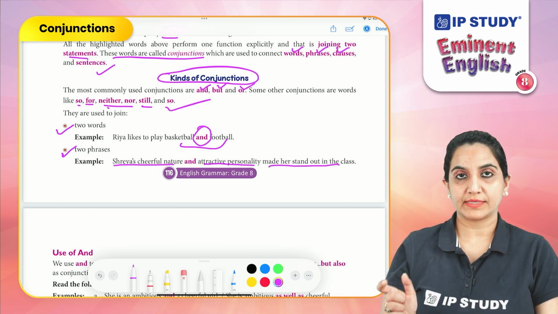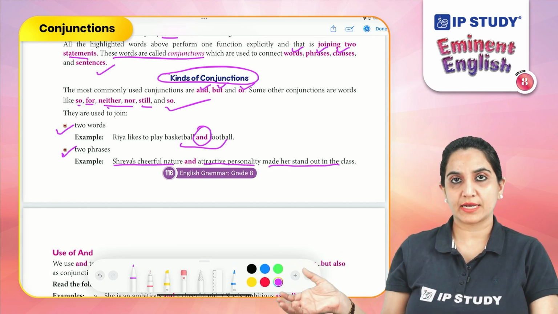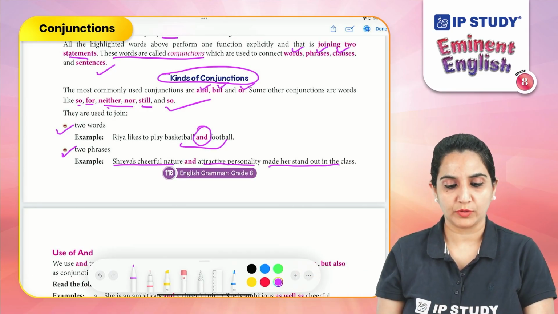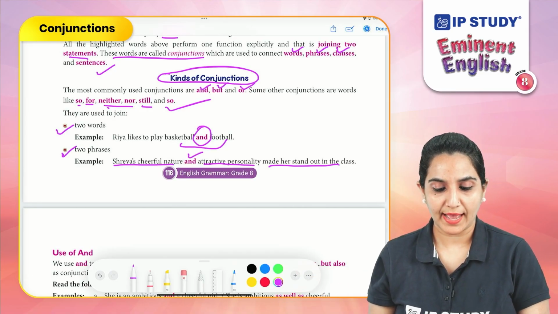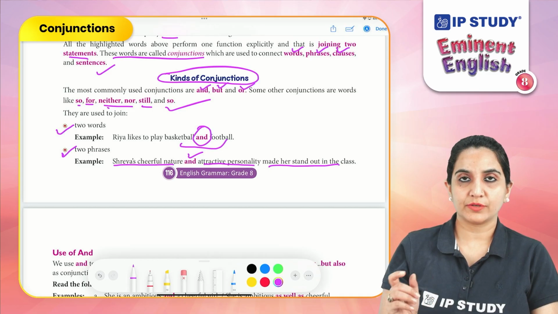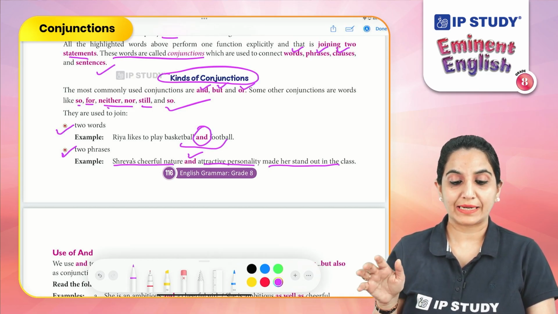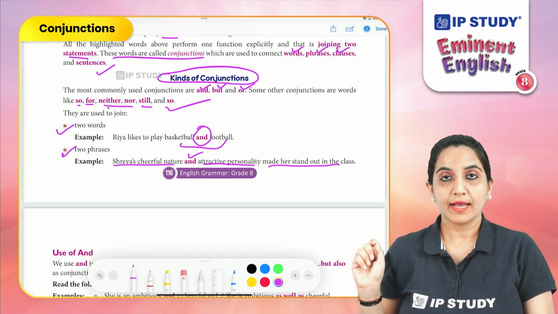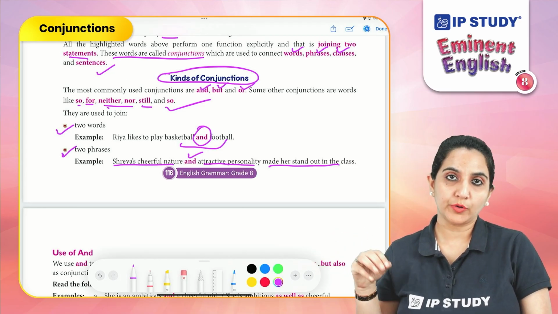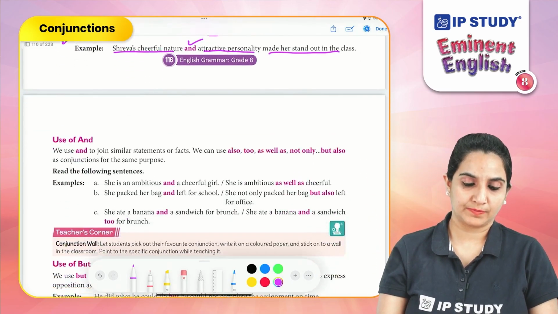So phrases such as cheerful nature, attractive personality, we have joined them using the conjunction and. So these kinds of conjunctions like and, but, or, so, for, neither, nor, still, they help us to join two words and two phrases.